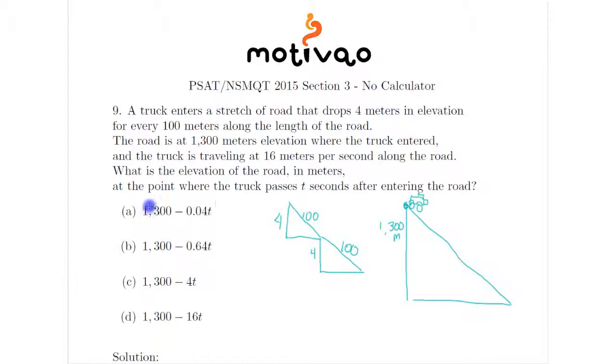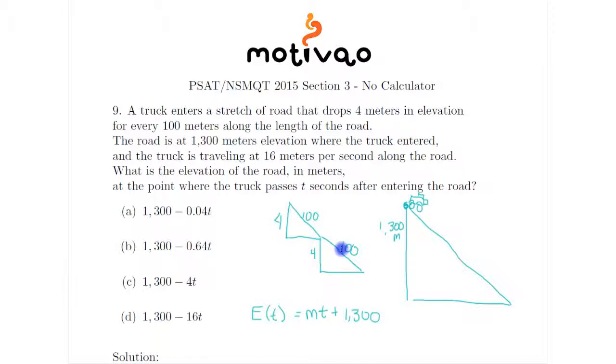So that's my starting point. So if I were to write an equation of elevation, it will be E of t equal to a slope m that I still don't know, plus my intercept, meaning my initial value, which is 1,300. So we need to find m, and m is the slope.